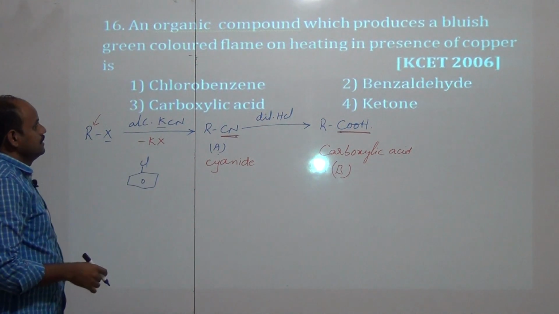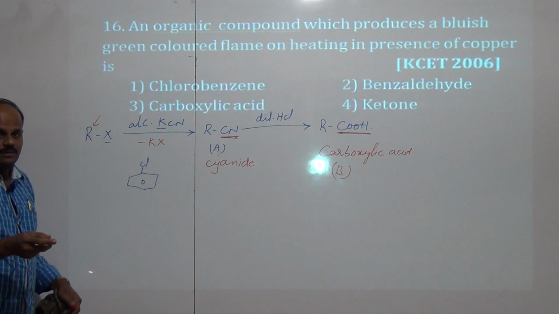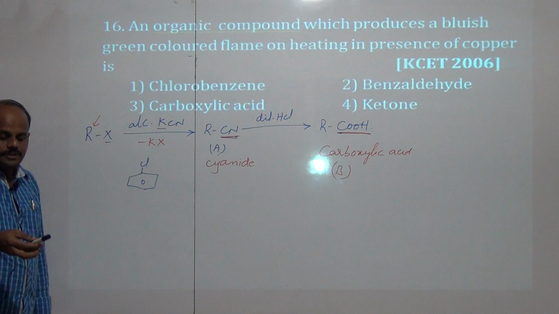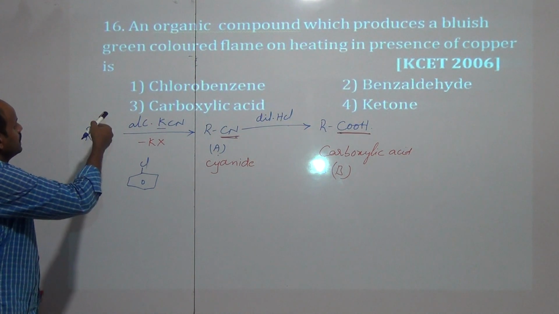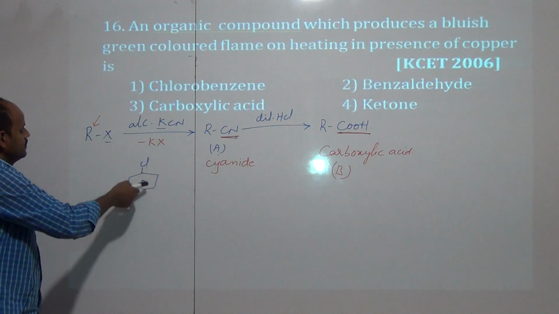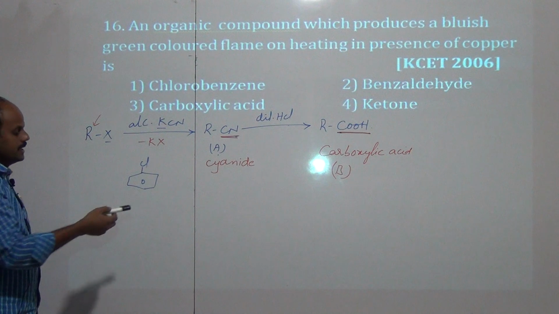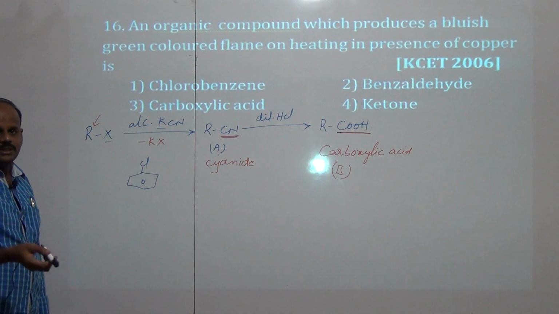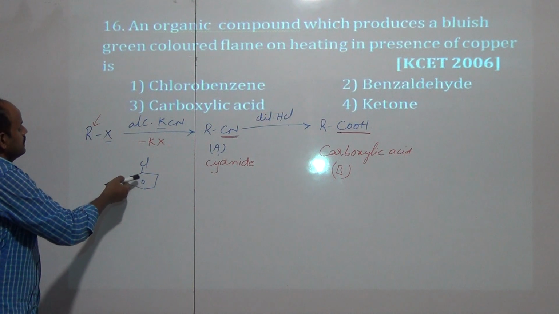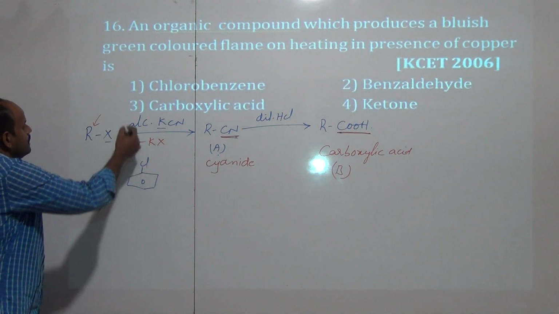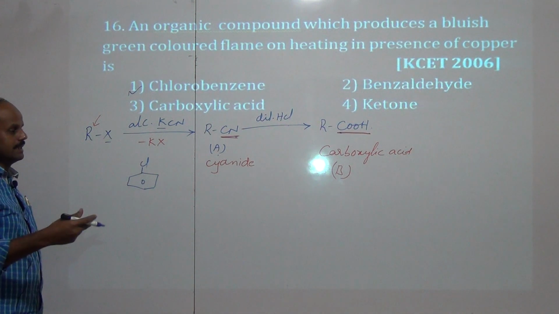Flame test means if you take a small amount of chlorobenzene on a spatula and introduce it into a flame, then it burns with a bluish green colored flame. Thus what is the color of this chlorobenzene? Greenish blue, because it is burning with that color only. Okay, thus here which one is the answer? Chlorobenzene is the answer.